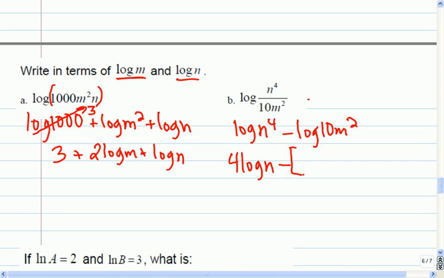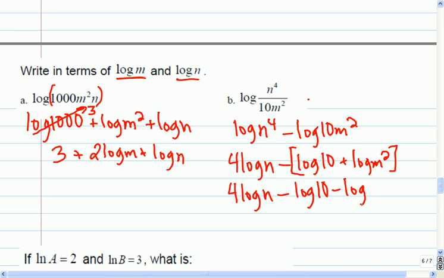So even though it would be log 10 plus the log m squared, when I expand it, it's actually going to become negative. Okay, so be careful. It's because of that extra subtraction that the net result is subtraction.